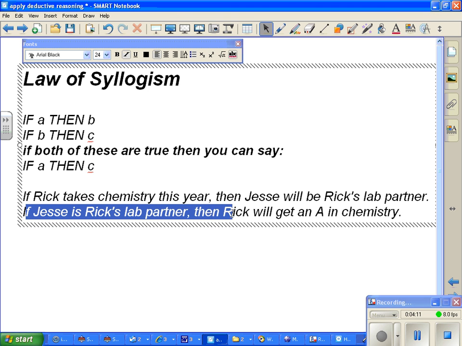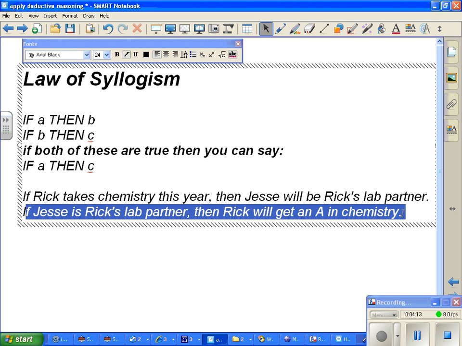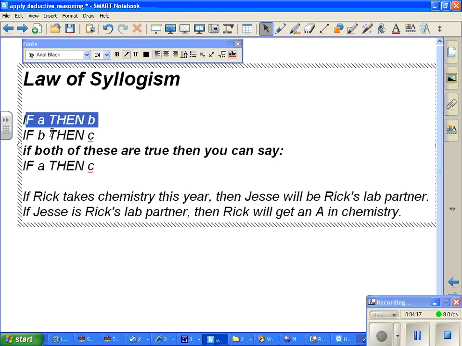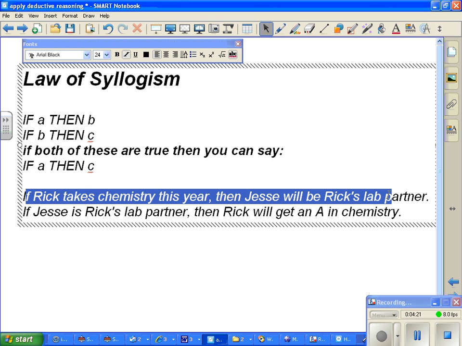If Jesse is Rick's lab partner, then Rick will get an A in chemistry. This one's also true. Well, if we can assume this one's true and this one is true, so if Rick takes chemistry this year, then Jesse will be Rick's lab partner, that's true. If Jesse is Rick's lab partner, then Rick will get an A this year.